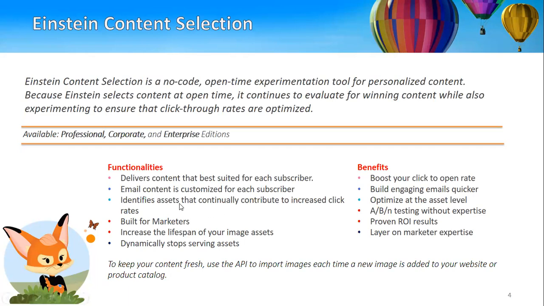The functionalities are listed here. First, it delivers content best suited for each subscriber when an email is sent, based on a variety of factors. If you want to check on opens, that is also possible, and if you want to check on clicks, it is just an experimentation tool for personalized content.